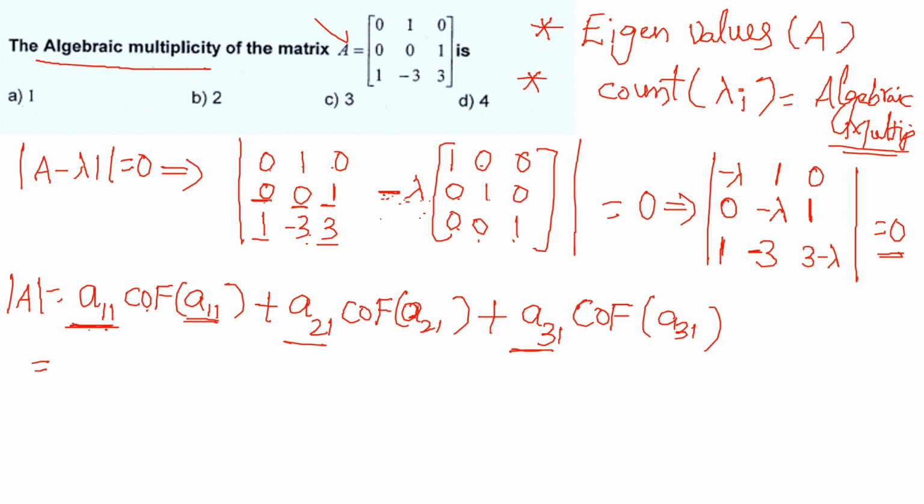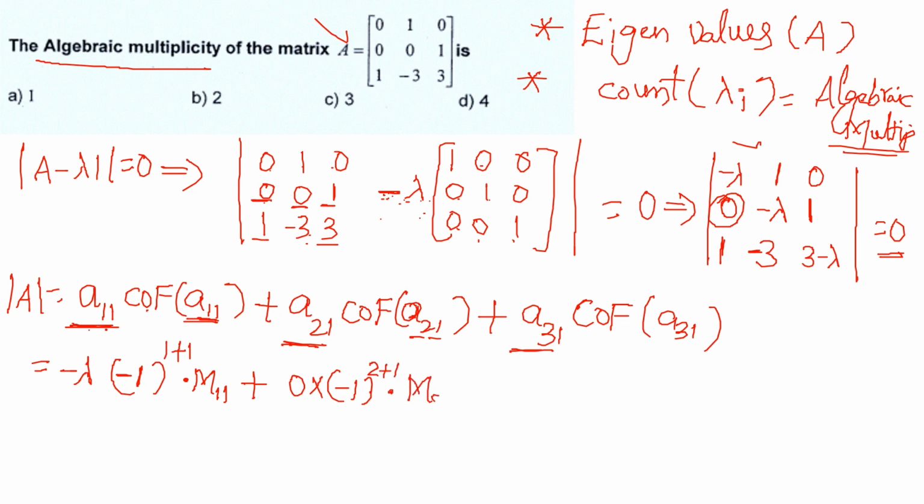A11 from this matrix is minus lambda, times the cofactor, which is minus 1 to the power of the index of this element, that is 1 plus 1, times the minor of 11. Plus A21, what is A21? A21 is 0. So 0 times anything is, now it is immaterial, but the cofactor is minus 1 to the power of the summation of the index, that is 2 plus 1, times the minor of 21.